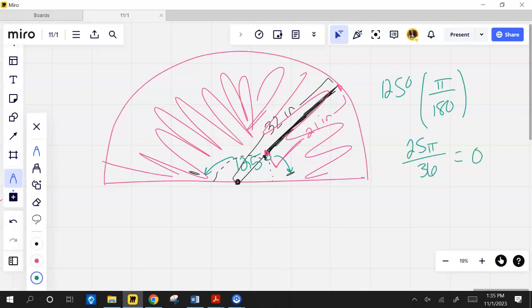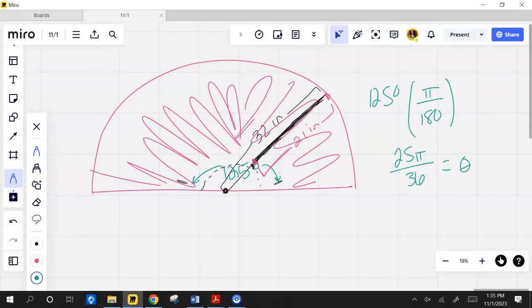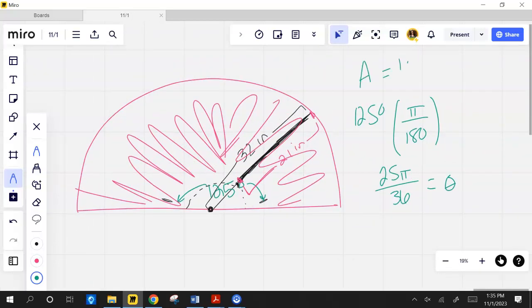There's my theta. Area, I do 1/2 theta r squared, right? What am I going to do? What are you going to do? Talk me through it.